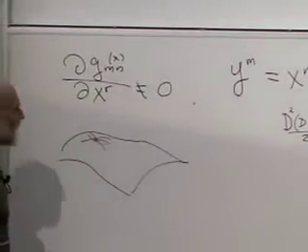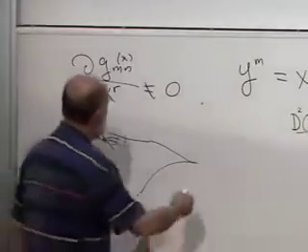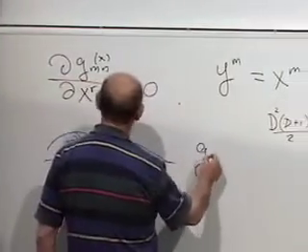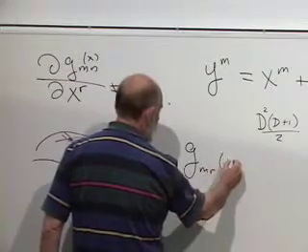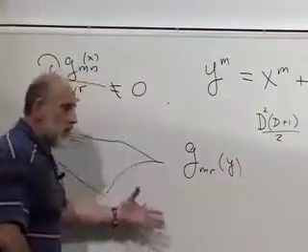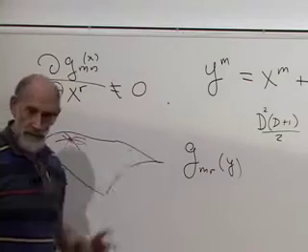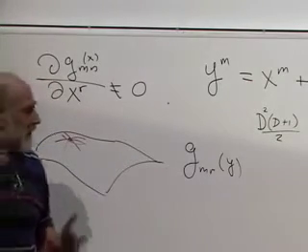We will get a new metric, which we can now call g, well, let's just continue to call it mn of y. It's the new metric in y coordinates. Okay?